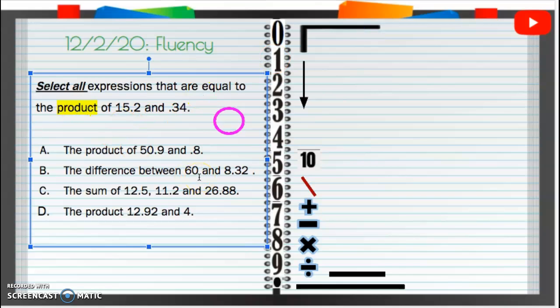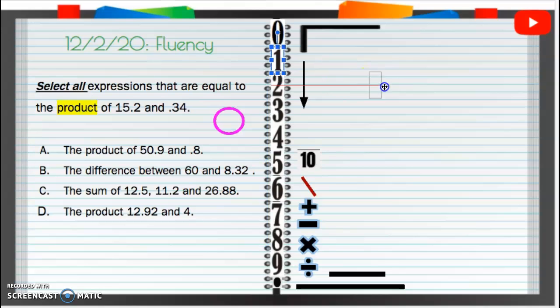So let's see when we multiply 15. Do we need to line up our decimals when we're multiplying? No. So 15 and 2/10 times 34 hundredths. So 0.34.